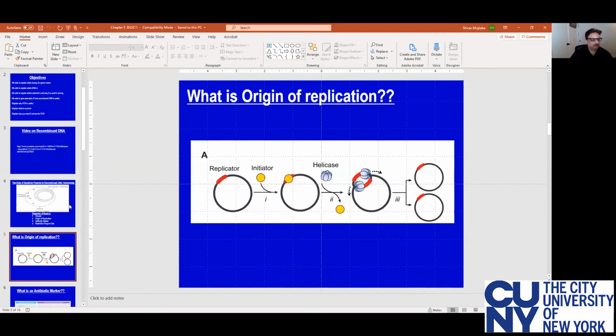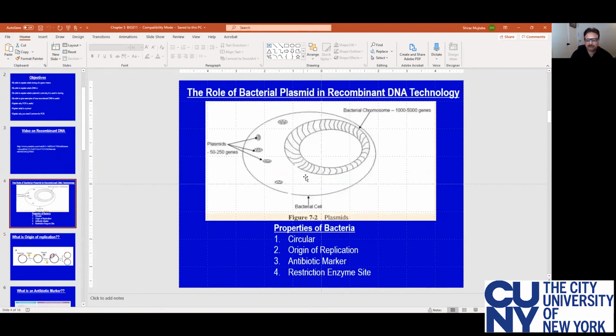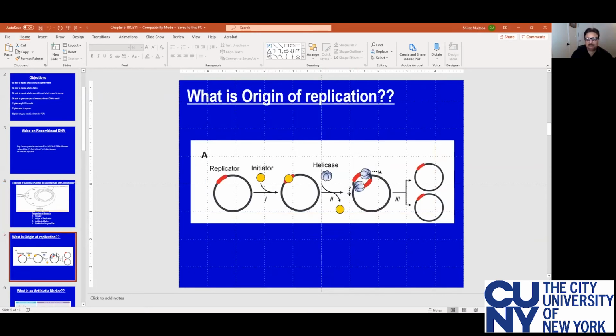So what is a plasmid? As I mentioned, a plasmid is an extrachromosomal small DNA. The main DNA has 1,000 to 5,000 genes, but plasmids are small, circular, double-stranded, and they have an origin of replication. So what is an origin of replication?